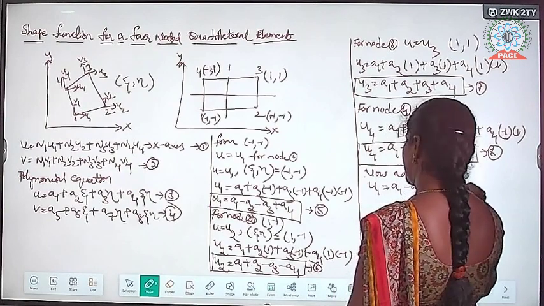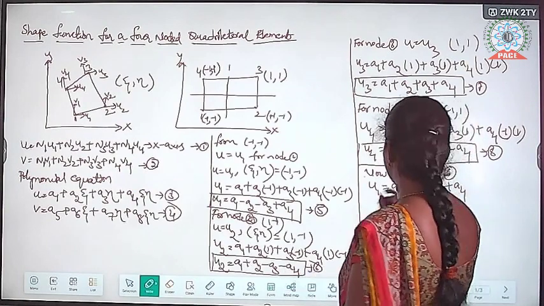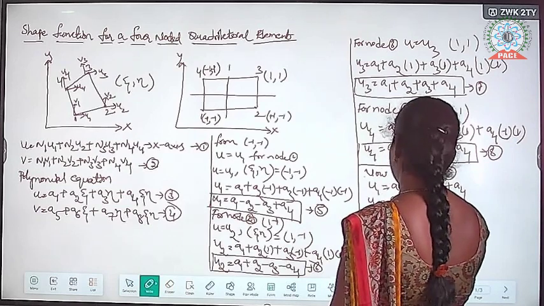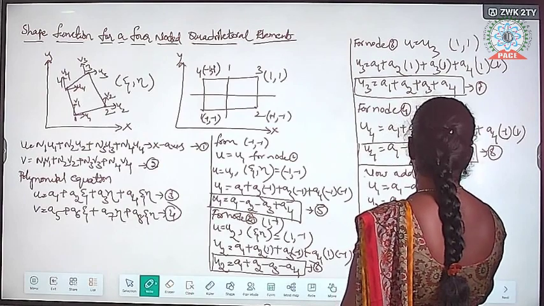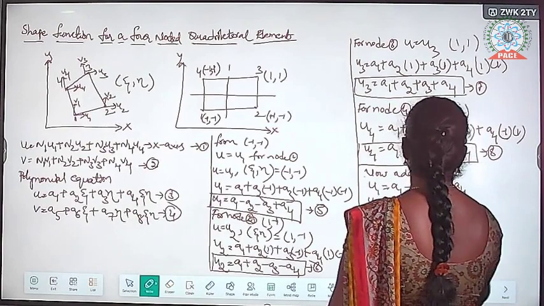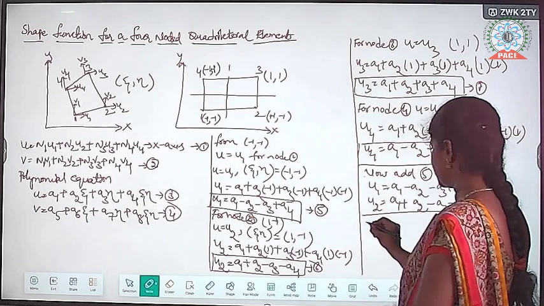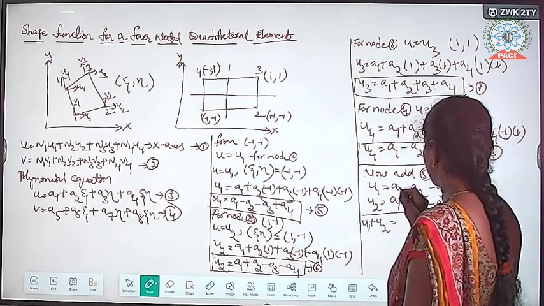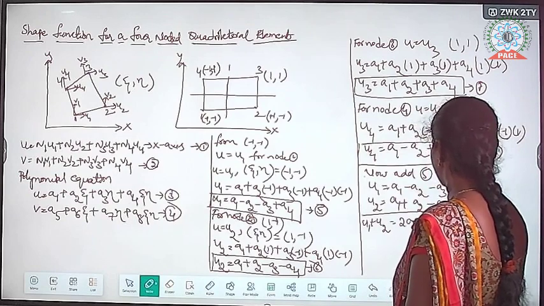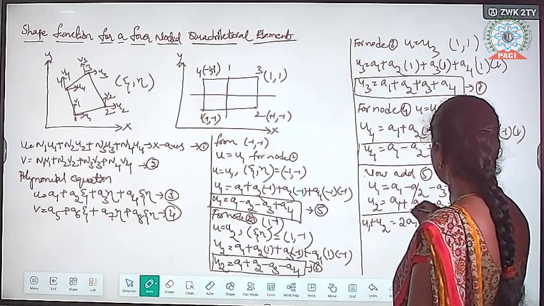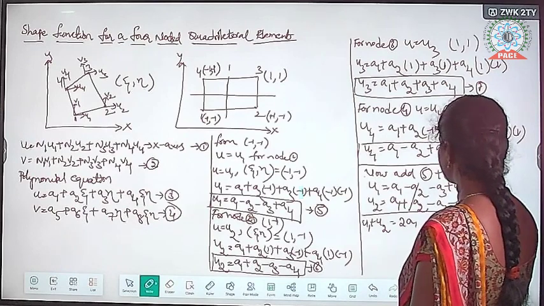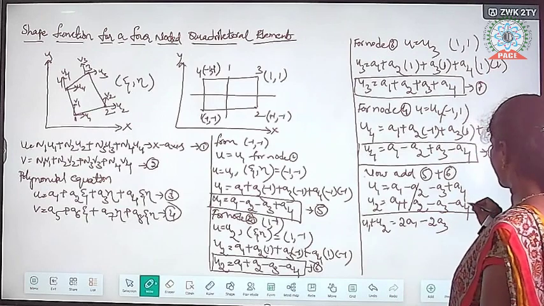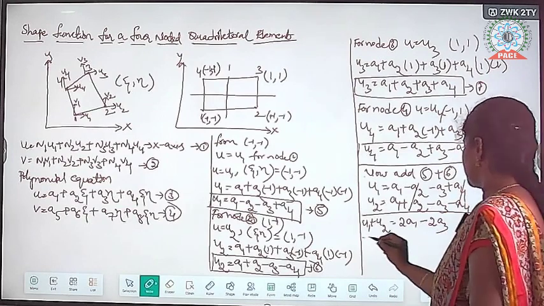Sixth equation, u2 is equal to a1 plus a2 minus a3 minus a4. Adding these two equations, u1 plus u2 is equal to 2a1, minus a2 plus a2 cancel, minus 2a3, plus a4 minus a4 both cancel. So this is the equation number 9.